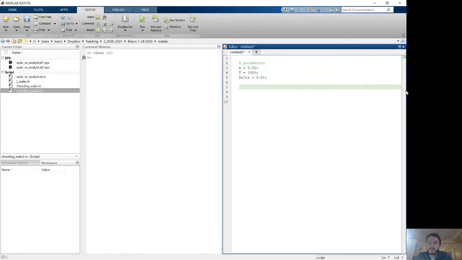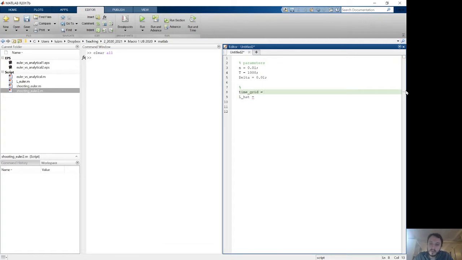And let's pre-allocate the variables. So let's create a variable called xl hat, which is this vector that will have the value of L at time 0, 0.01, 0.02, etc. Before we do this, let's create this time grid.